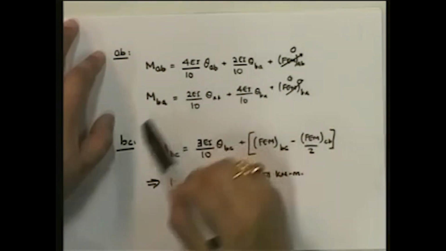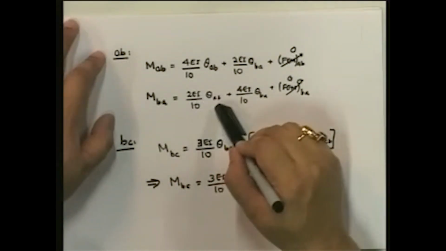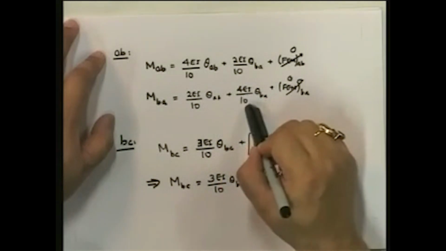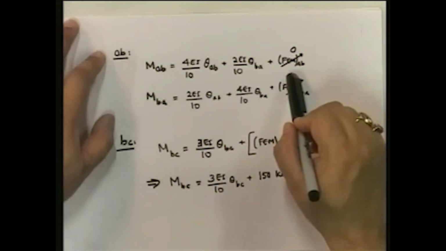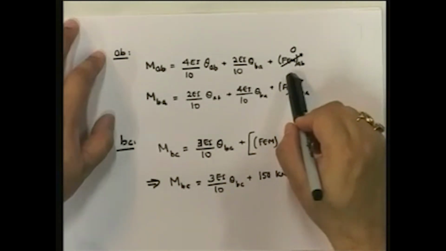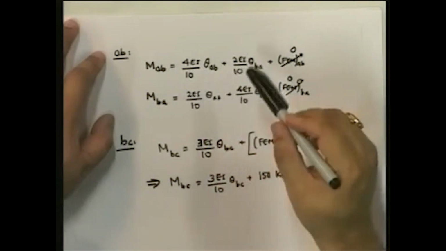Okay. Then MBA is equal to 2EI by 10 theta AB plus 4EI by 10 theta BA plus the fixed end moment at BA, which is also equal to 0. Okay. So that is the member force deformation relationship for MBA.